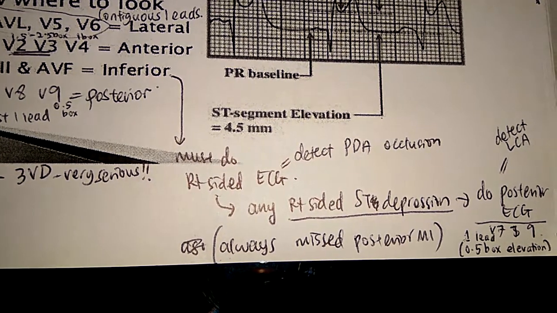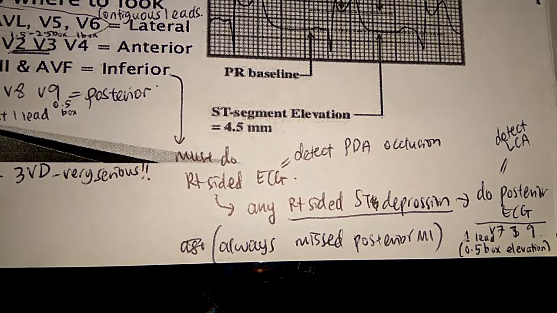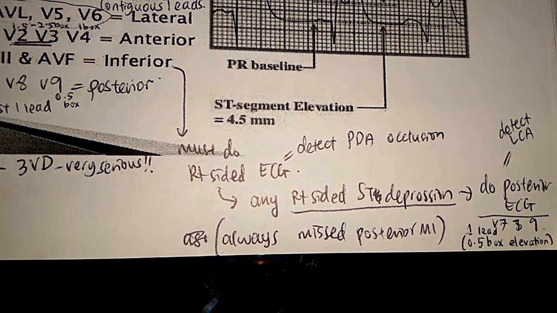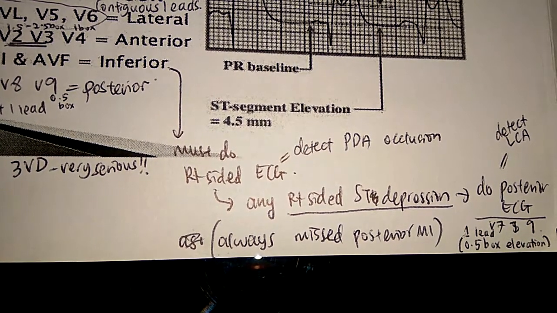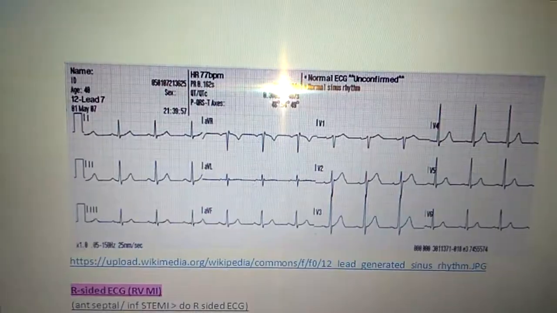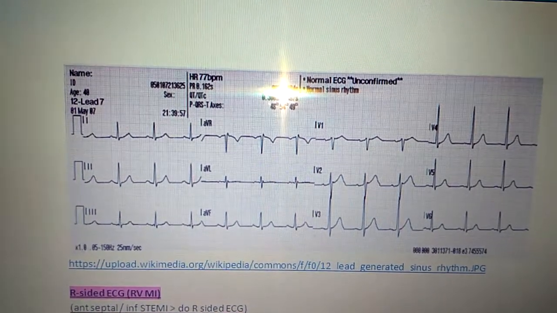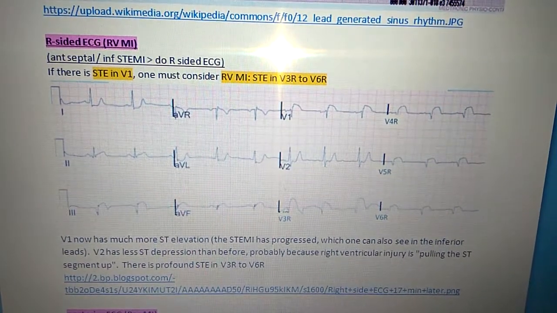Okay, because especially for inferior, about 40% will get right-sided involvement. Whereas posterior is about 20%. This is how a normal 12-lead ECG looks like. This is how right-sided ECG looks like.